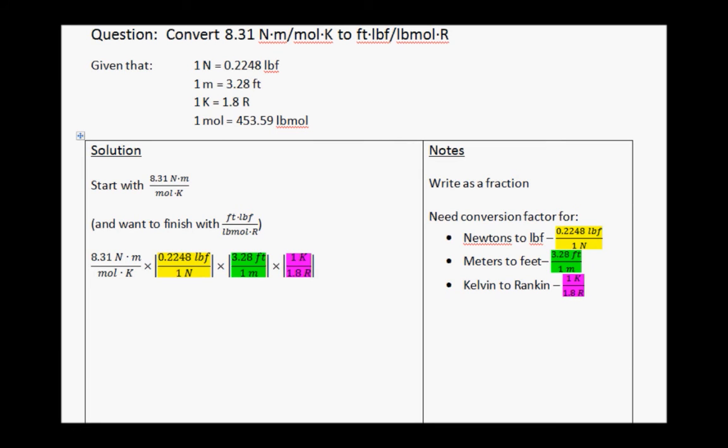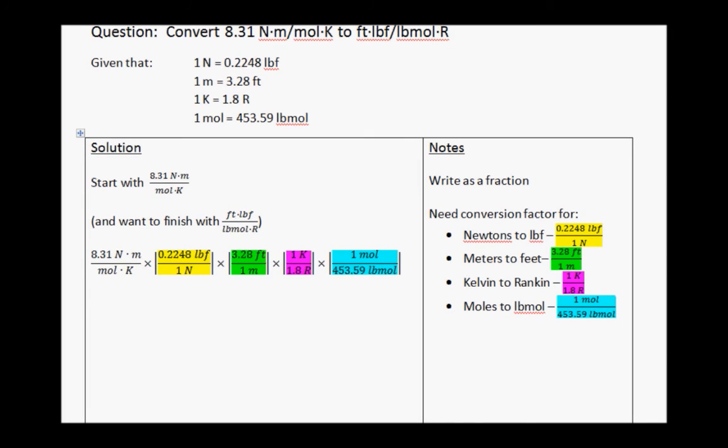Finally, to change moles to pound moles, I need to put moles on the top to make it cancel with the moles on the bottom in the original, and pound moles on the bottom. So I'm going to need to multiply by 1 mole over 453.59 pound moles.